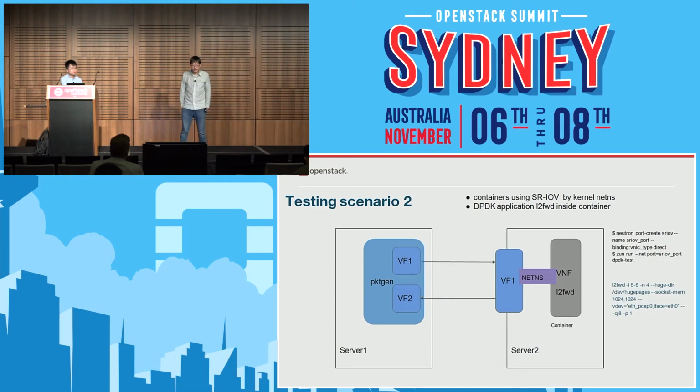Another one is containers using SR-IOV by the kernel, which is the SR-IOV mode currently supported by Zun. In this way, we create a container and use the SR-IOV port. So this is what Zun could be used for.